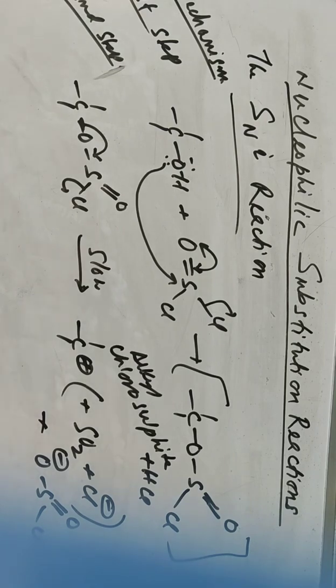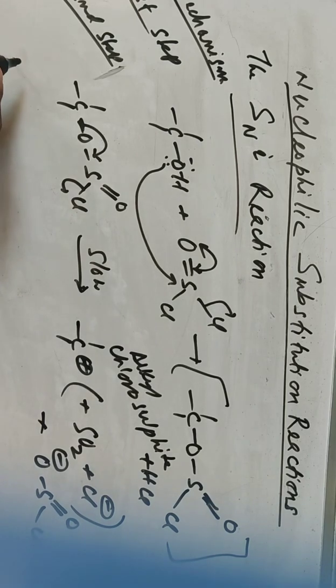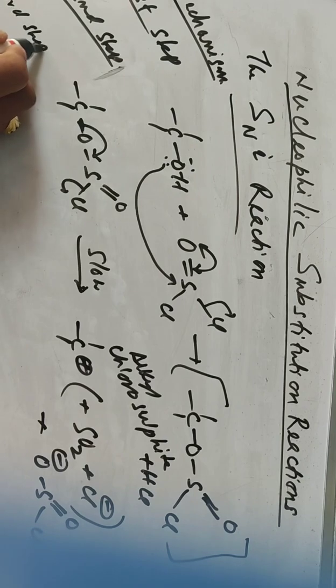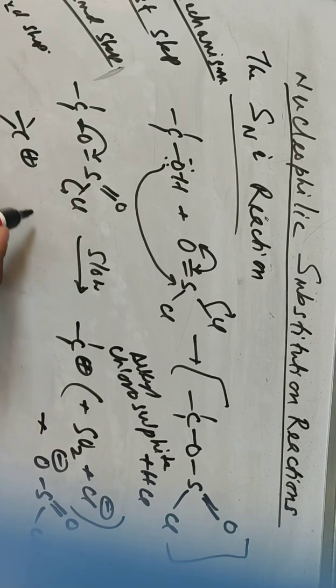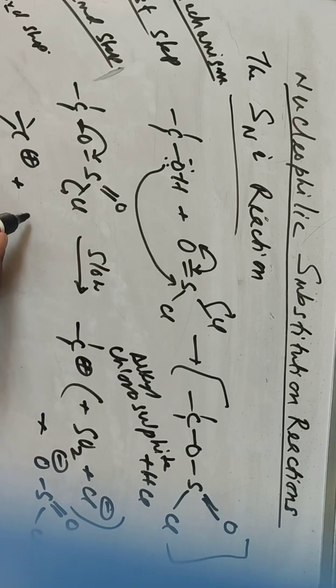In the third step, this chloride nucleophile attacks the carbocation. So in the third step, we have the carbocation attacked by this nucleophile.